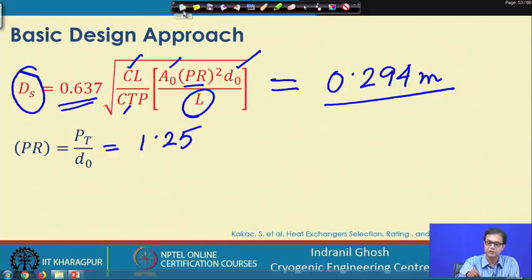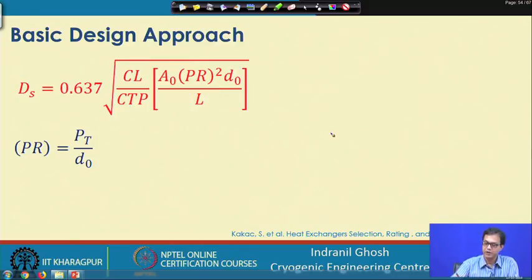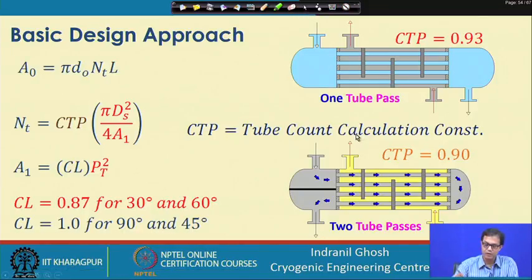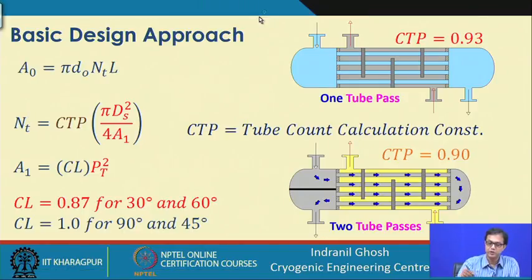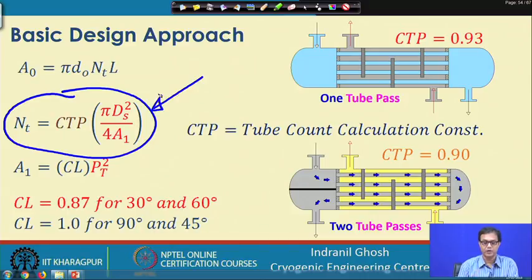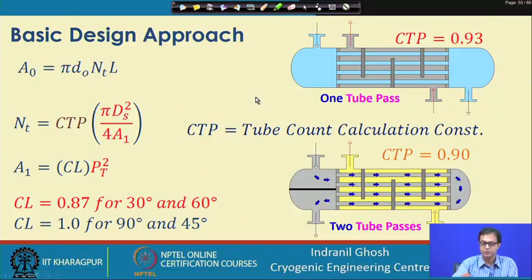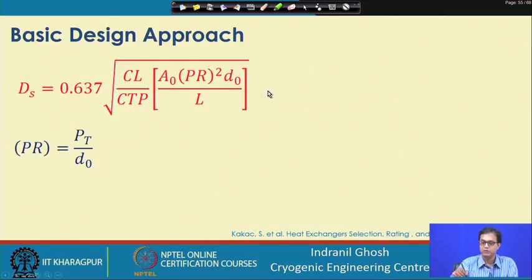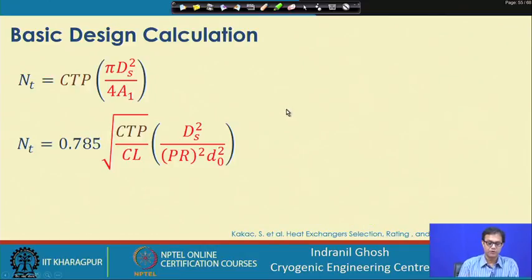into the previous equation, we find that we also try to find out what is that NT, because this is our target, I mean how many number of tubes finally we have to decide. So, if we do that, now we will try to calculate what is the number of tubes.